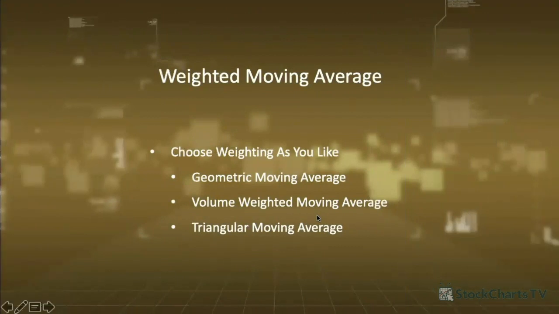The weighted moving average, and not many people do these, but you can weight them in different ways. For example, a volume weighted moving average is going to take the volume into account when it's calculating that average. Not typically what we see. Triangular, you're going to put more weight on the middle data.